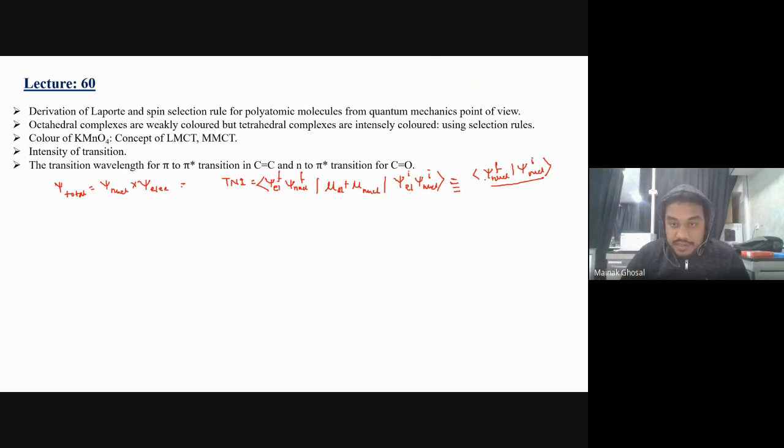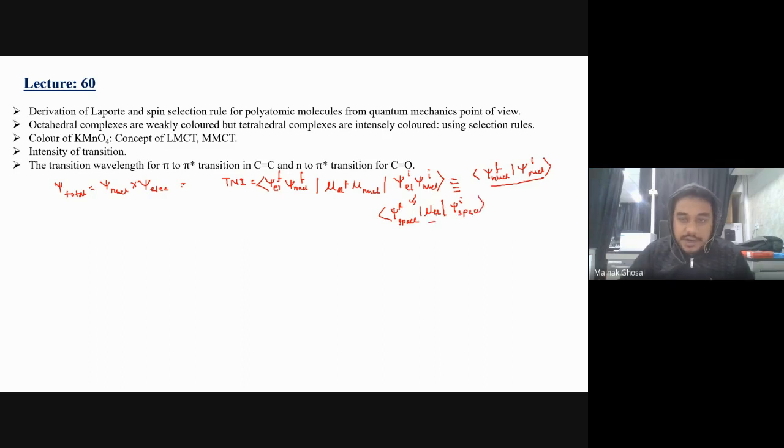Now from the electronic point of view, the total electronic wave function can be divided into spin and space. So you write psi f space, mu electronic, psi i space.